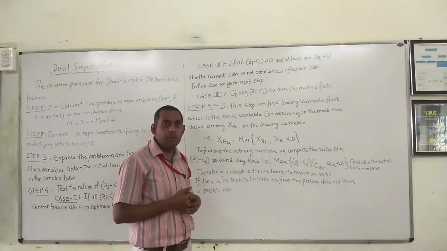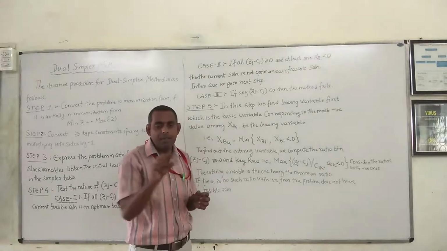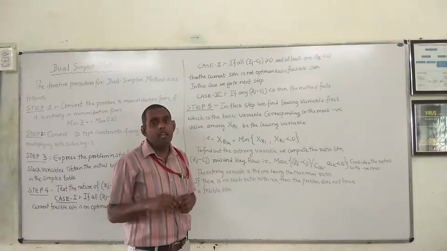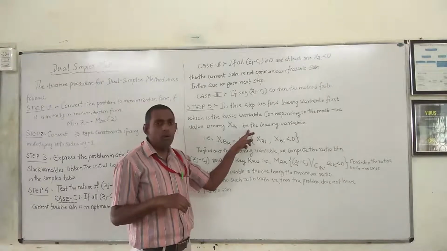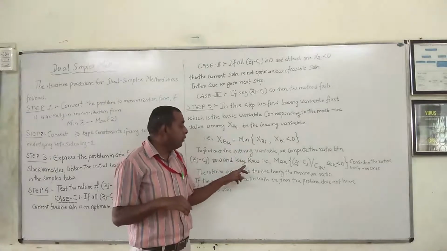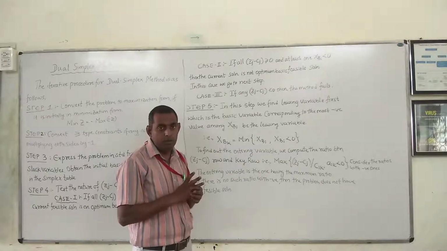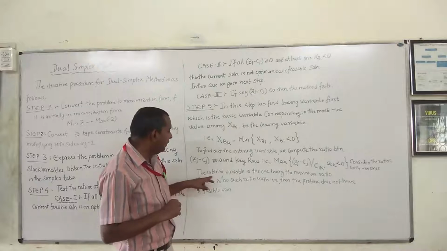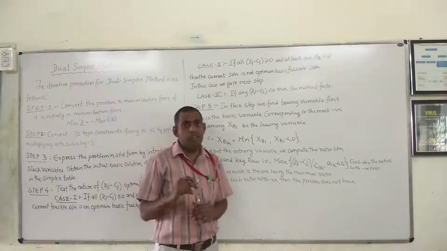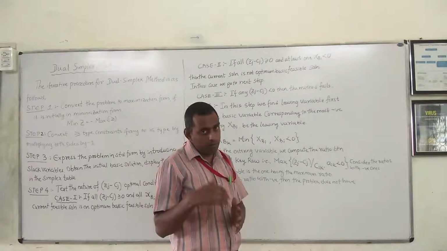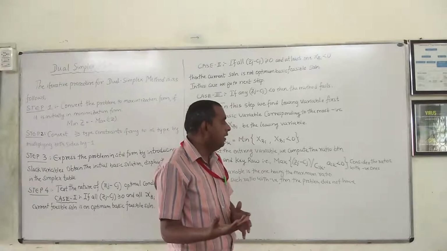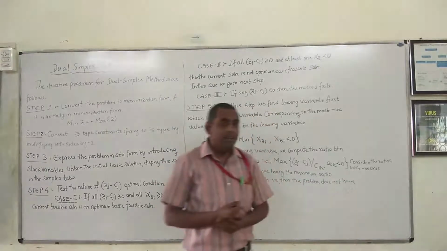We compute the ratio between the zj minus cj row and the key row. The entering variable is the one having the maximum ratio.